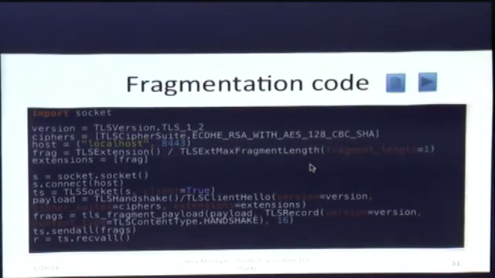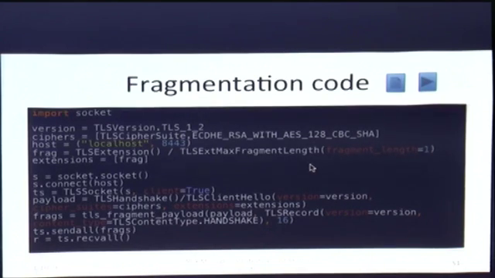So I'll do a really quick demo on fragmentation, which will be the last one. Here again, all I'm doing is creating a packet, a client hello, and I'm going to fragment it on a 16-byte boundary, right? And you're going to see that in Wireshark, Wireshark fails to rebuild that packet.